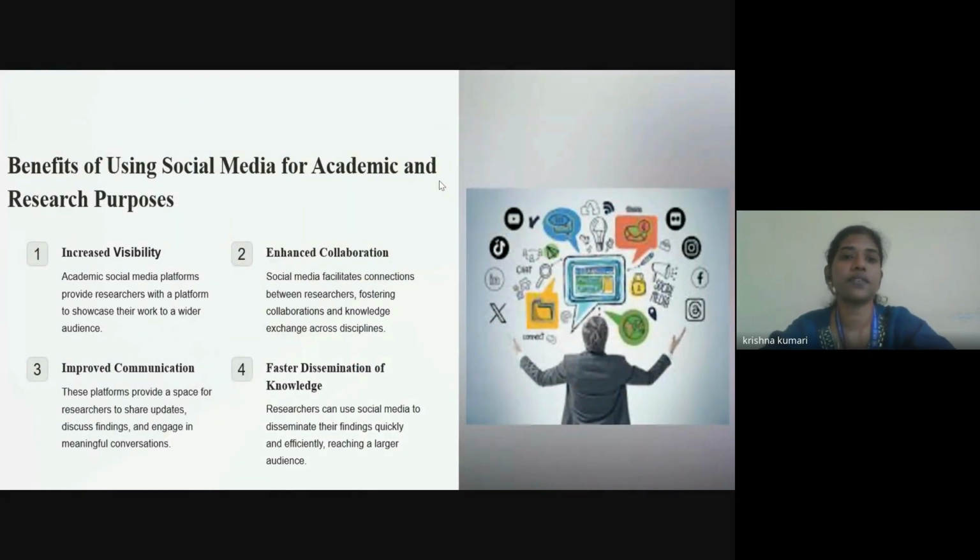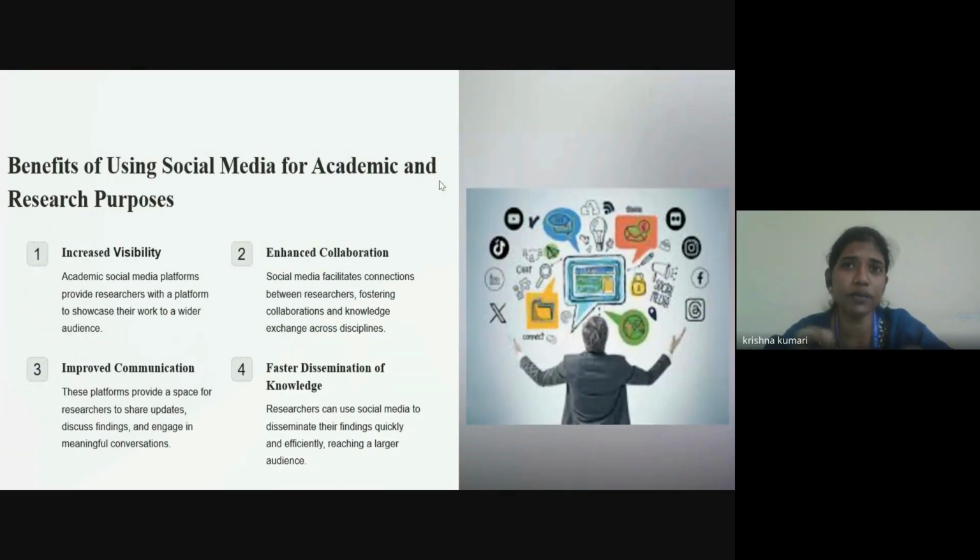So what are the benefits of using social media for academic and research purposes? The four main benefits are increased visibility, enhanced collaboration, improvement in communication, and faster dissemination of knowledge. What is increased visibility? There are many platforms that we are going to see in the upcoming session.